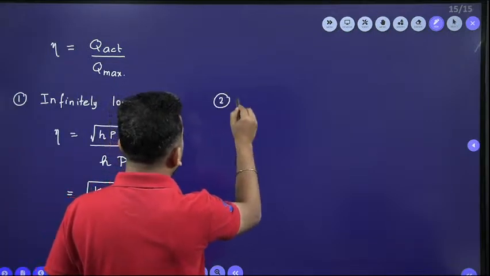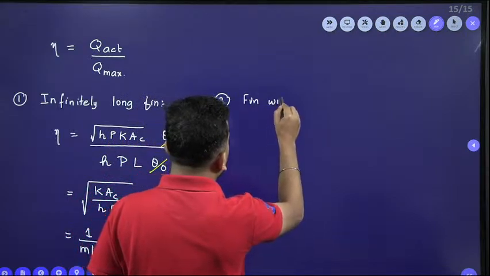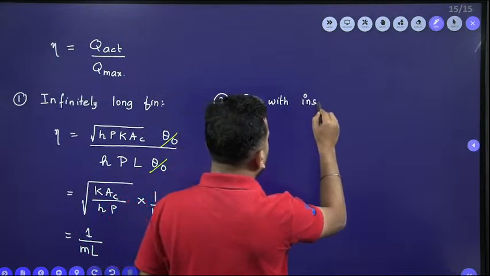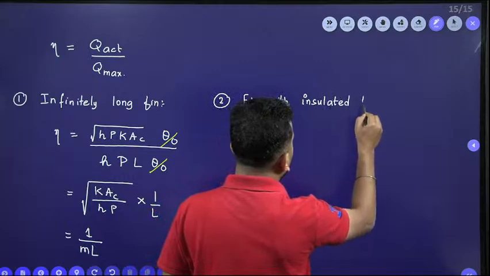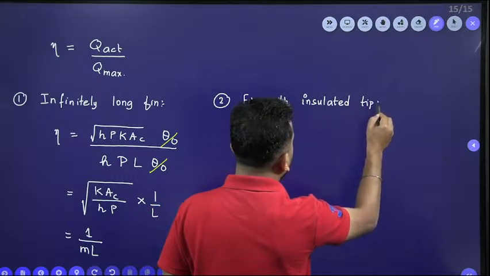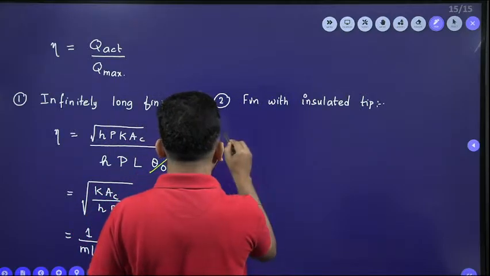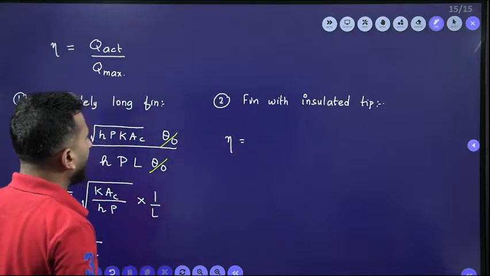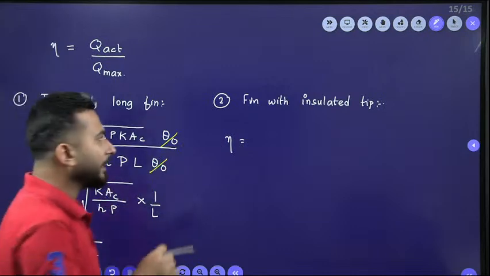Similarly, if I use the second one, that is the fin with insulated tip, you know that only an extra term of tanh(mL) is there in the Q actual.